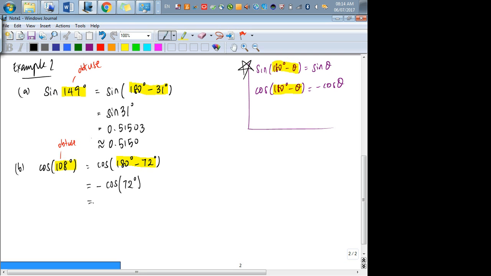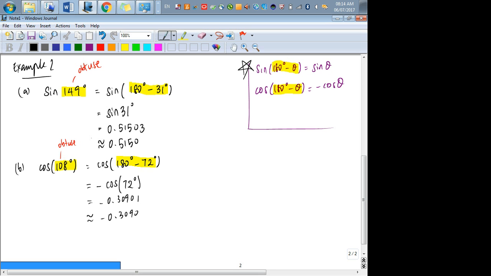So the answer, we get negative 0.30901, and we round it off to negative 0.3090. Yes? Cosine 108 is equal to negative cosine 72 degrees.